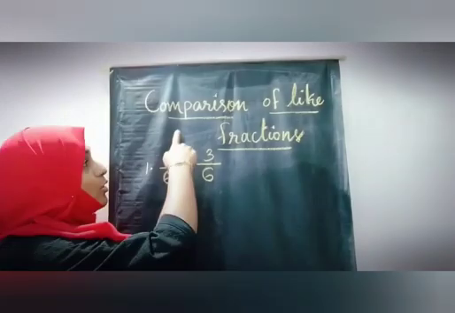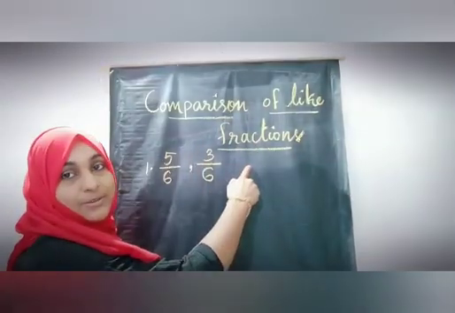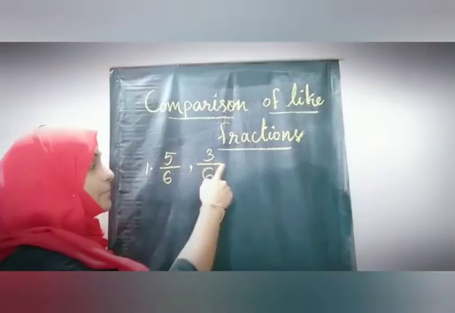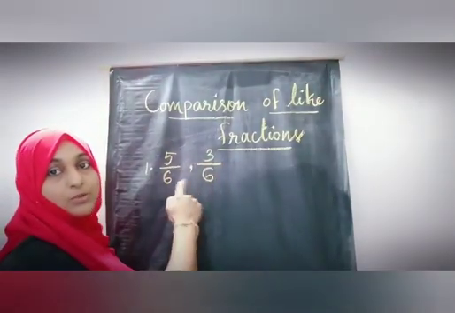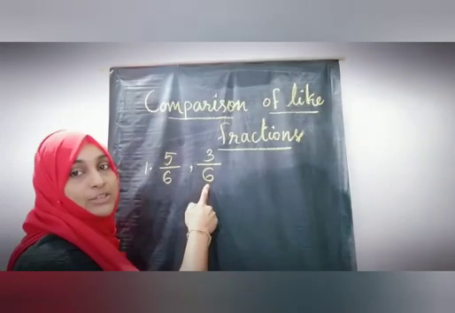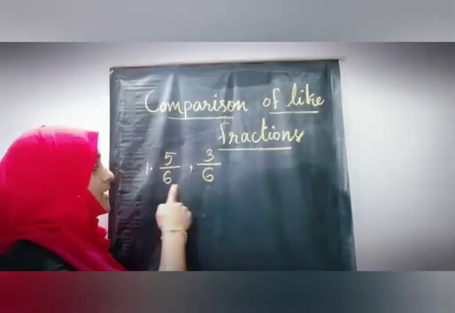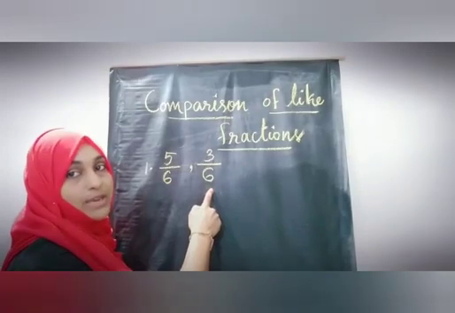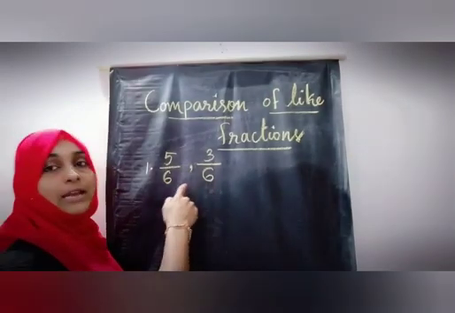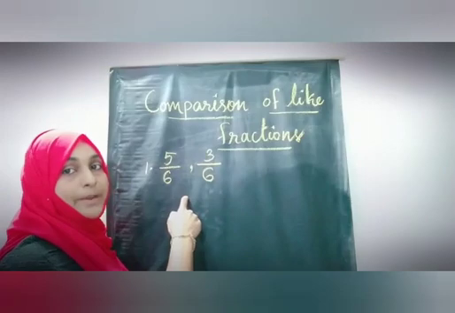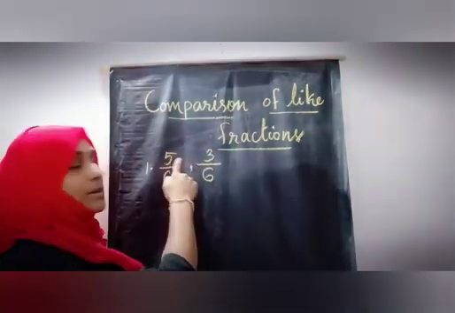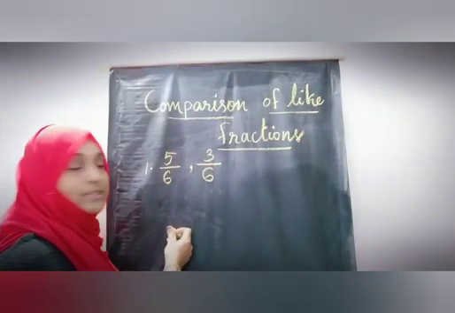Let us start. Comparison of like fractions. One example, 5 by 6 and 3 by 6. These two fractions are like fractions because their denominators are the same. In the case of like fractions, we compare their numerators. Here the numerators are 5 and 3.